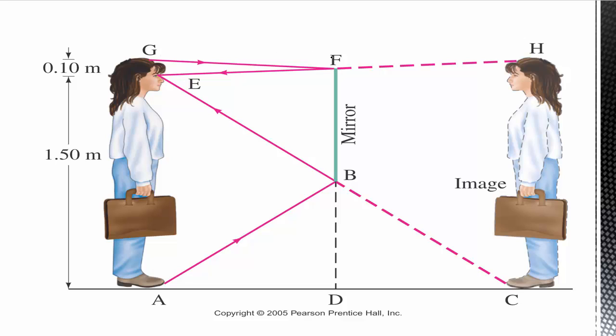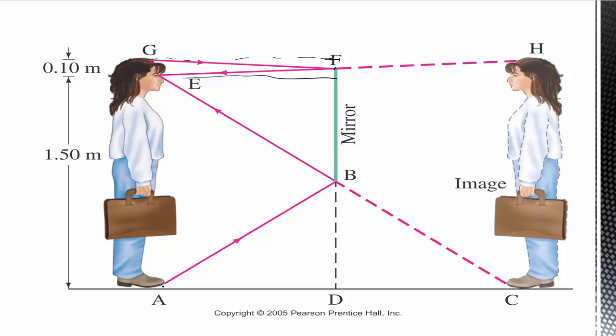We don't have to have the mirror all the way up at the same height as the top of our head, because the law of reflection says this is going to hit at the midpoint between our eyes. Here's the level of our eyes, there's the level of the top of our head. The law of reflection says we only need a mirror that goes up to the midpoint of that incoming ray.